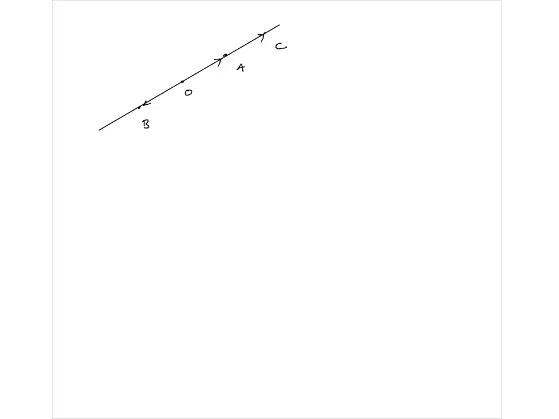So for two vectors to be collinear, they have to be parallel. But if we just say co-initial vectors, then only the initial point has to be the same. There is no condition for them to be parallel.